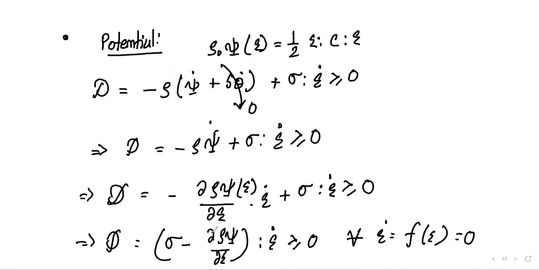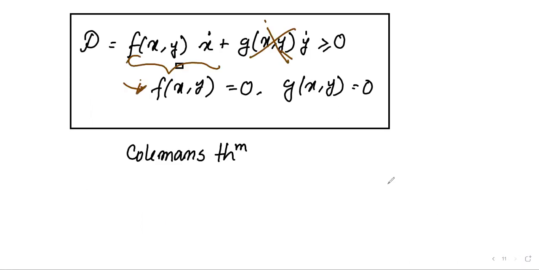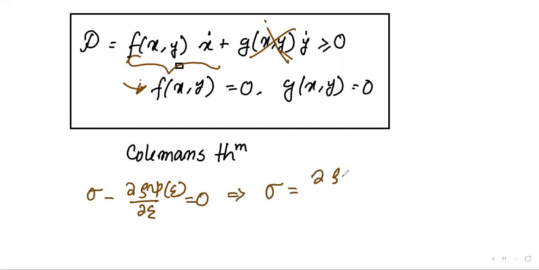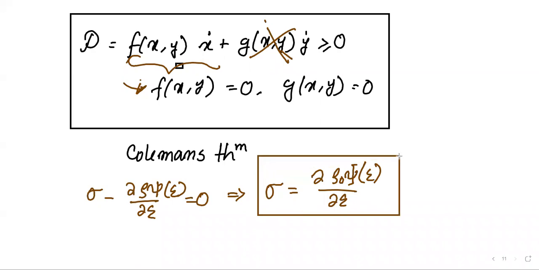So we can write that sigma minus the derivative of rho psi of epsilon with respect to epsilon is 0. That is, the force can be derived from the potential if you take the derivative of the potential with respect to the strain. This is essentially the mathematical definition of a potential. If you take the derivative of it with respect to a variable, you get a force.